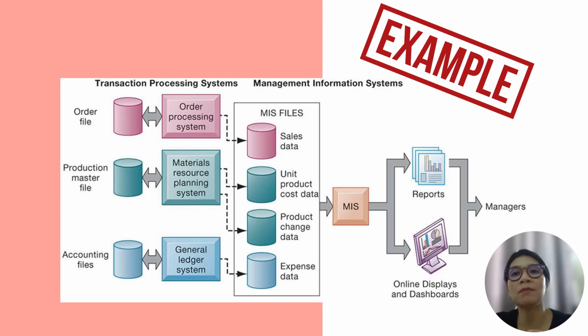Managers gain access to the organizational data through MIS, which provides them with the appropriate reports. This diagram shows how a typical MIS transforms transaction level data from inventory, production, and accounting into MIS files that are used to provide managers with reports.